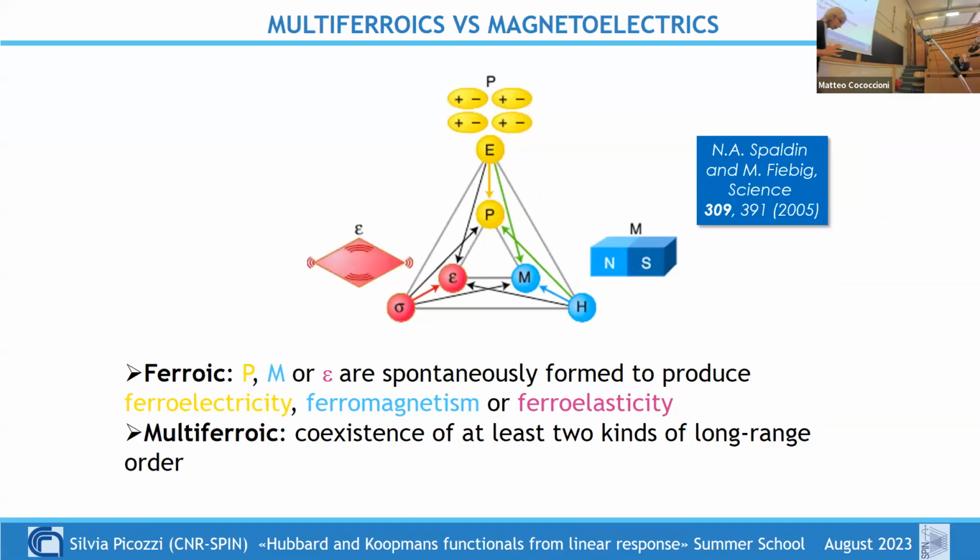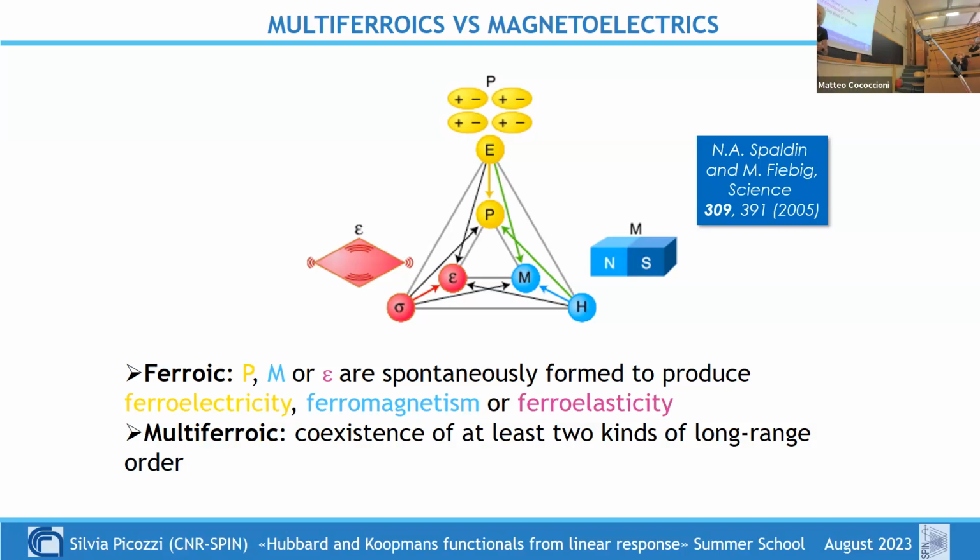What ferroic materials generally means is magnets, ferroelectrics, and ferroelastics, those materials showing a spontaneous deformation below a certain ordering temperature. And usually they are controlled by the conjugate field.